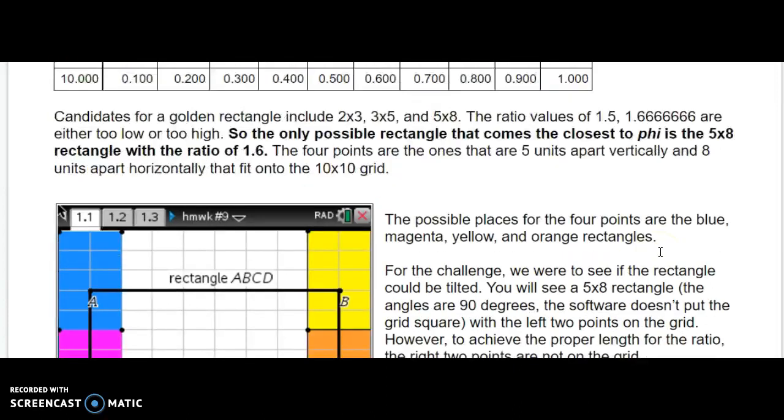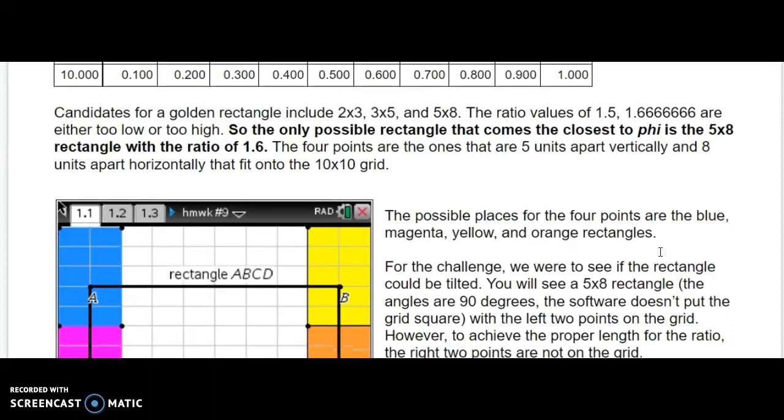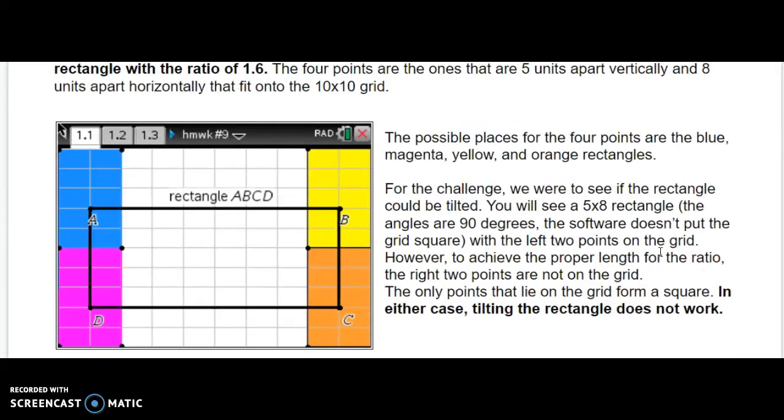So there's multiple sets of 4 points that can fit on the grid. So what I did is I put a 5 by 8 rectangle on a grid, and no, this is not a square grid because I'm using software that is not to scale. It's not square.